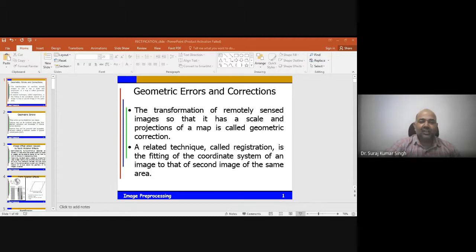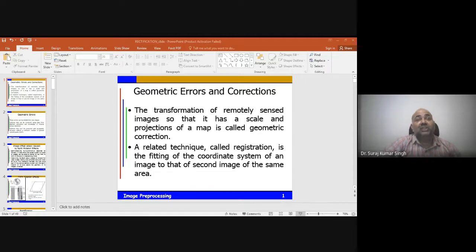So this is the mathematical transformation, linear transformation or affine transformation, or the first order transformation that we are talking about. So you'll see that this is the formula that we'll be using for the transformation, that is x = a0 + a1x + a2y, y = b0 + b1x + b2y. Where X and Y are the rectified ground coordinates, meaning the output spatial location.